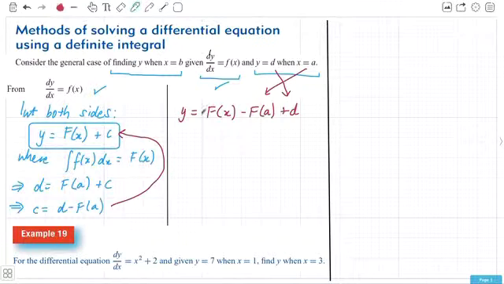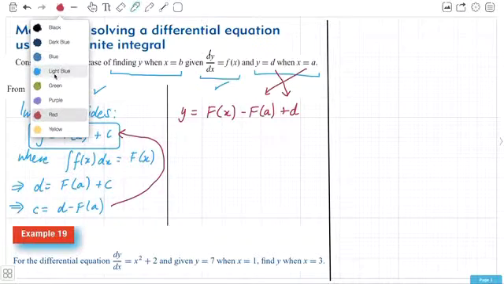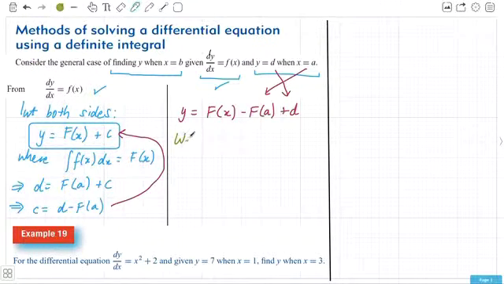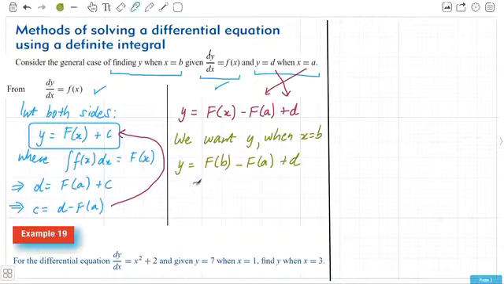At this point, we're nearly there. Now, I'll do this in a different colour. We want y when x equals b. So I've just replaced the x with a b. And what you might recognise here is that this is two integrated functions, one take away the other, with substitutions made for x.